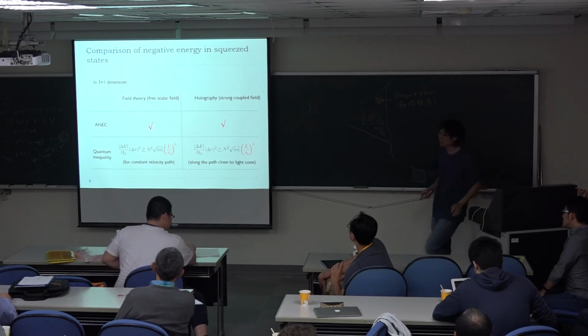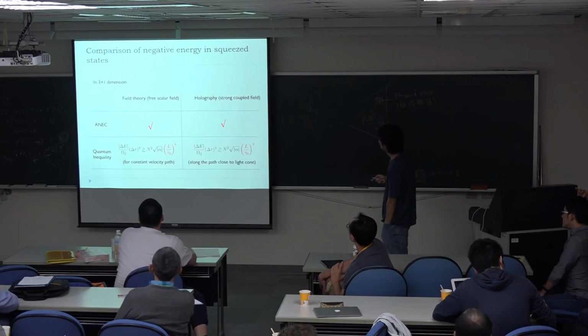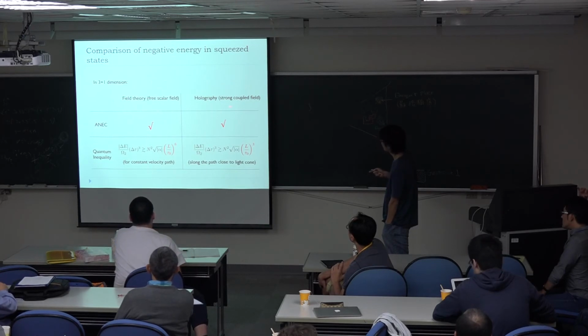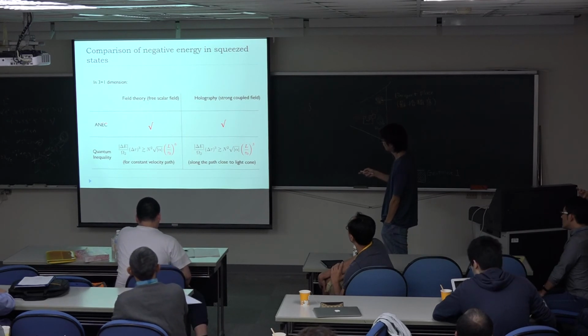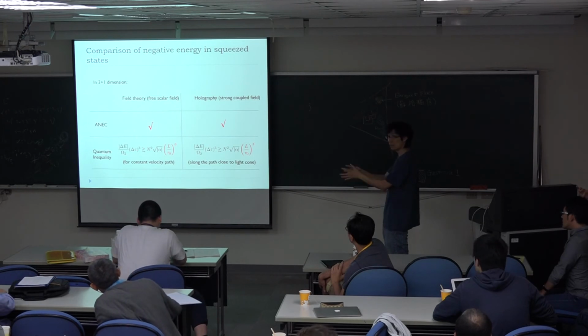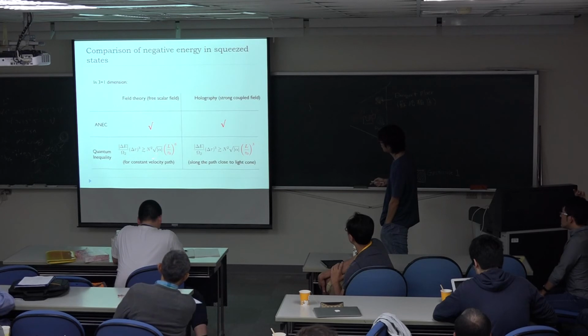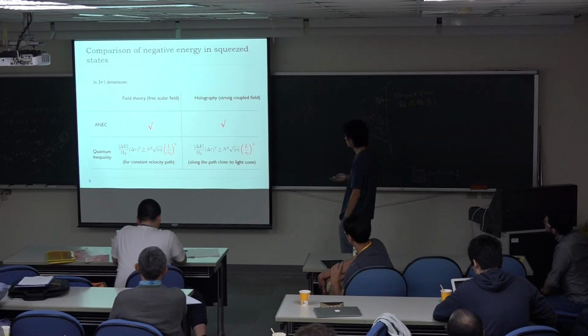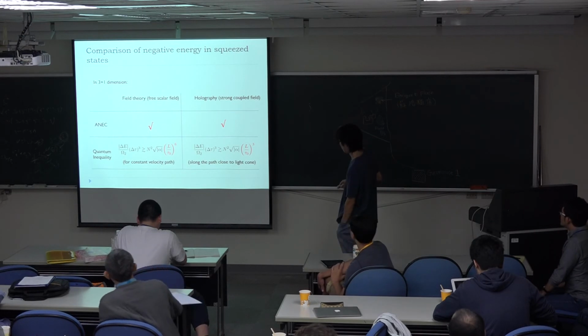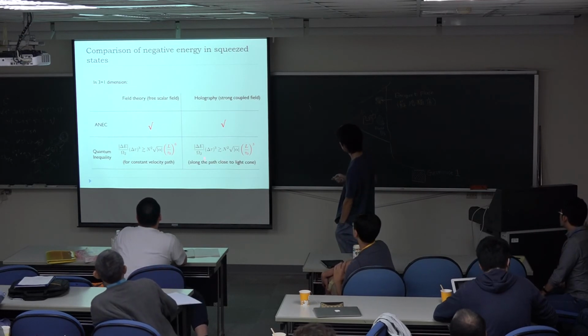So let me come to the summary. We can compare our holographic calculation to the free field calculation. They both satisfy the average null energy condition. But if you try to constrain the semi-local energy density, then you find that the constraint is less stringent for the holographic calculation.